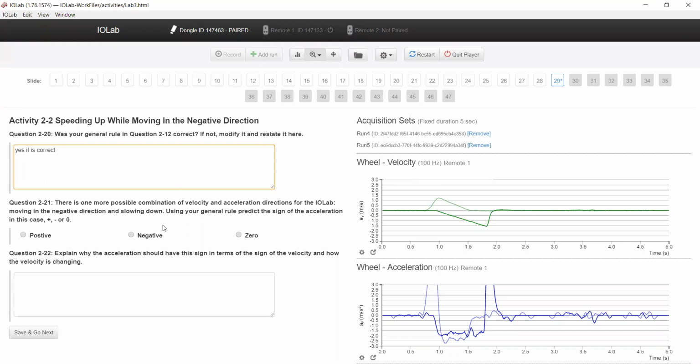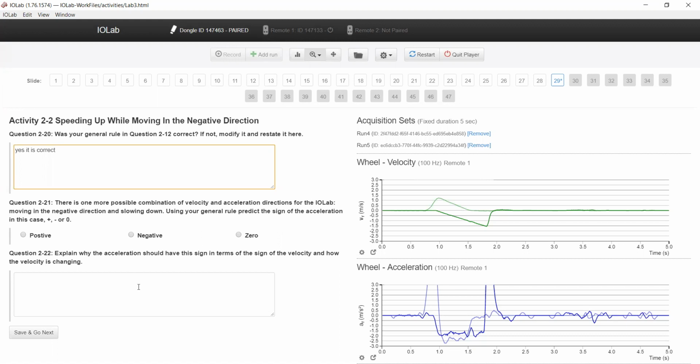Our general rule says that slowing down in any direction will result in the opposite sign of the acceleration to that of the direction we are moving. So slowing down in a negative direction, the acceleration has to be positive.